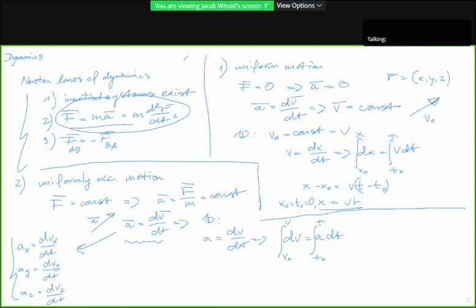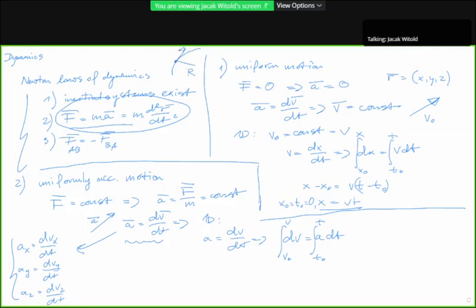If we have, for example, some system that is undergoing motion over a circle, there is a radius of the circle, then due to this acceleration, its velocity is always tangent to the trajectory, which is circular by our assumption.